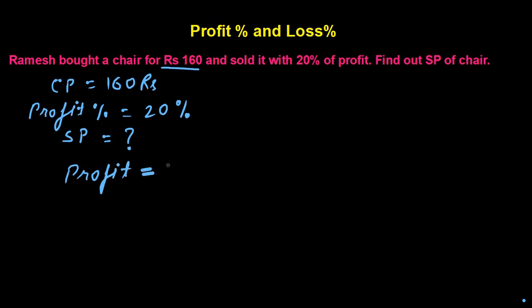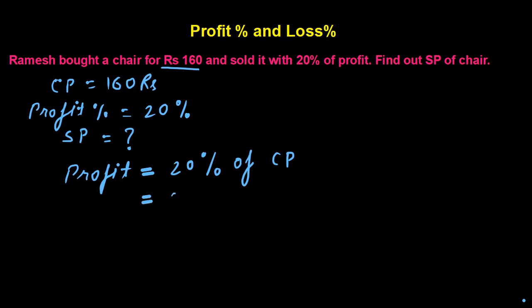So he got 20% more than what it costed for him. Isn't it? It costed 160 and he increased the price 20% and then sold it. So 20% of cost price, he increased. Isn't it? So let's just find it.